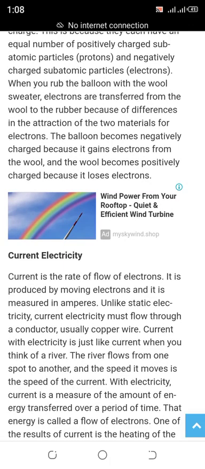When you rub the balloon with the wool sweater, electrons are transferred from the wool to the rubber because of the differences in the attraction of the two materials for electrons. The balloon becomes negatively charged because it gains electrons from the wool, and the wool becomes positively charged because it loses electrons.